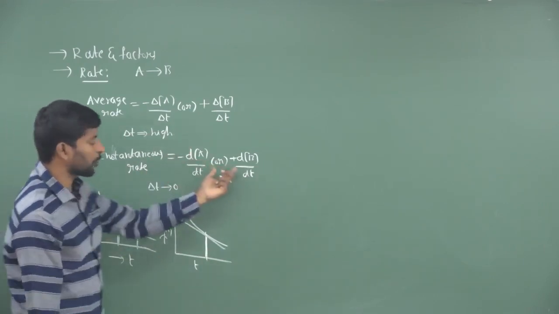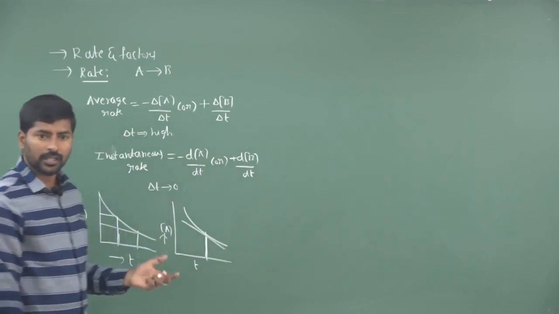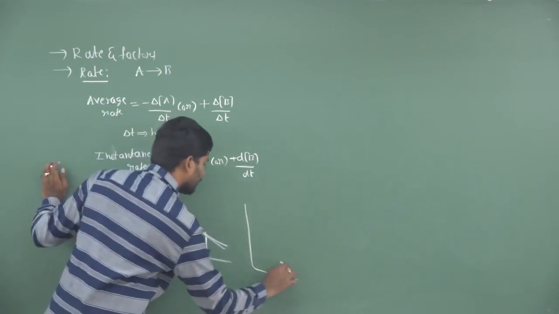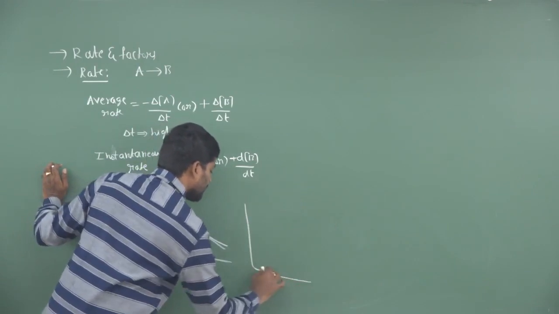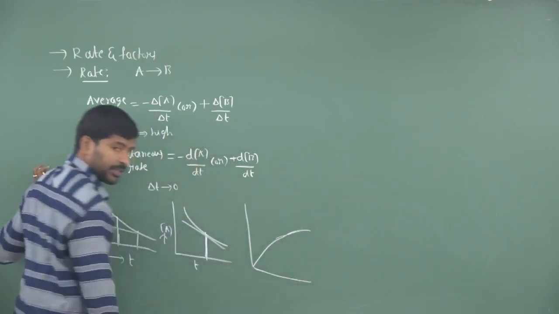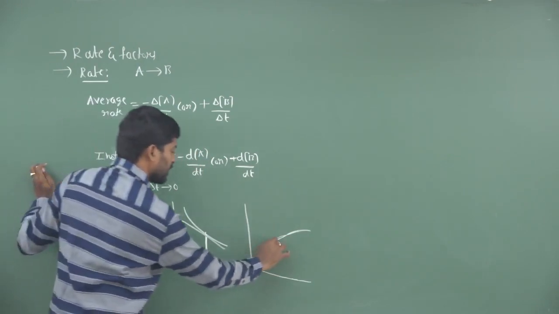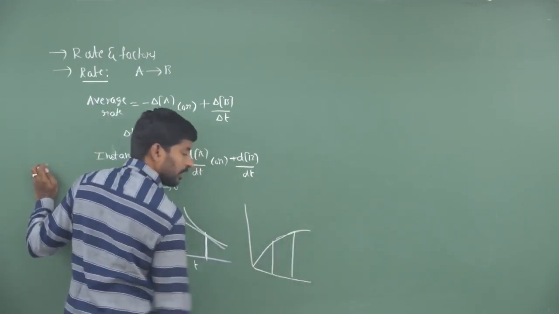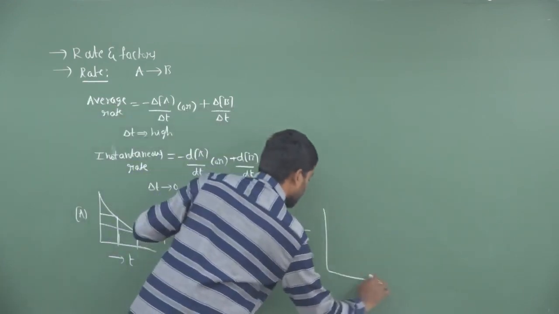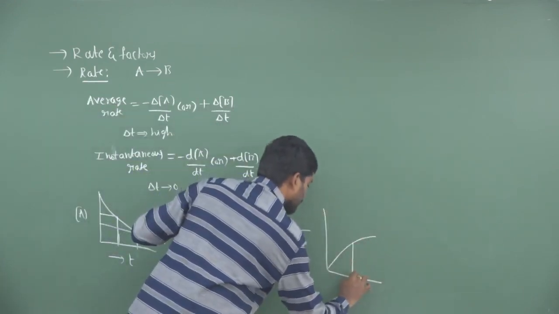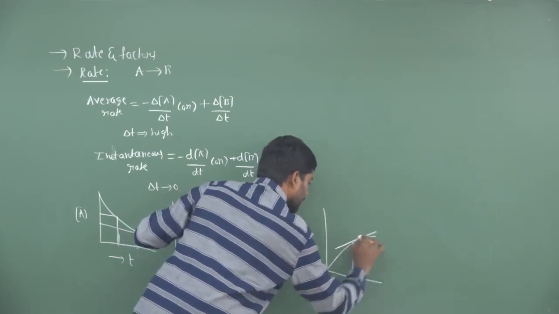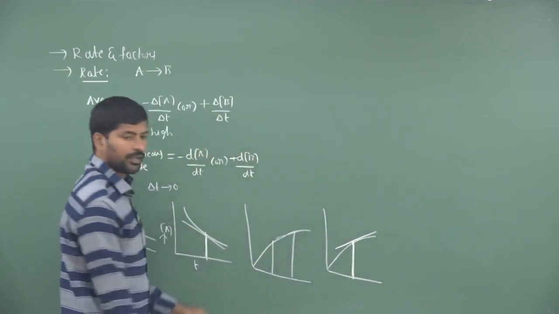Similarly, with respect to product also we can calculate graphically. For example, if you take concentration of B, concentration of B increases with time. If you measure for a long interval of time, that is called average rate. If you measure for a short interval of time, for example a small gap at a particular time, that is called what?